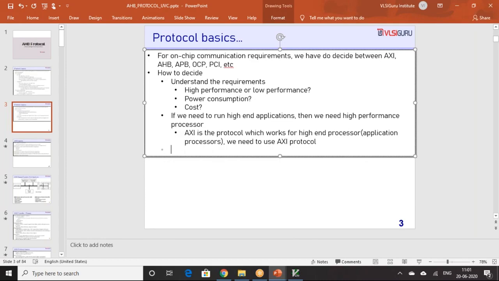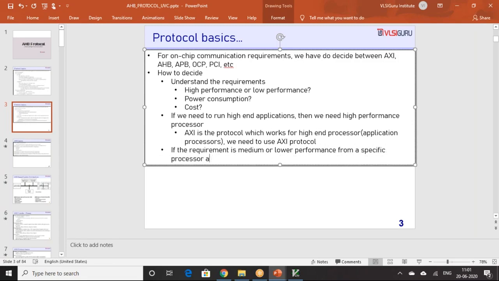If the requirement is for medium or lower performance, from a specific component or processor, then we go with the AHB protocol.